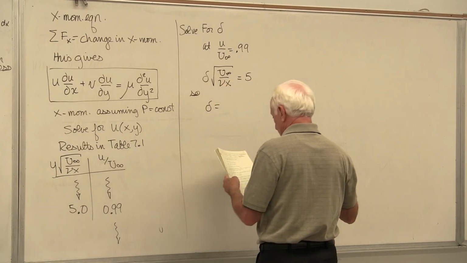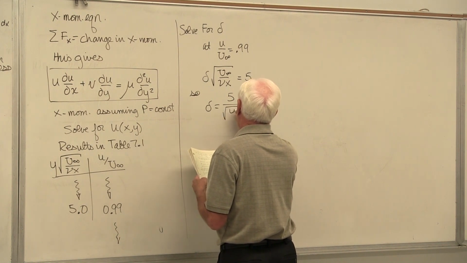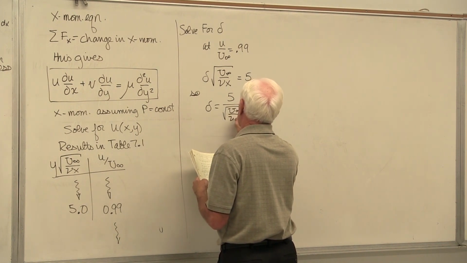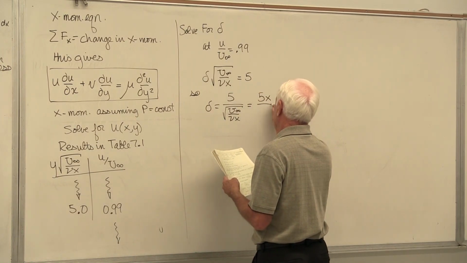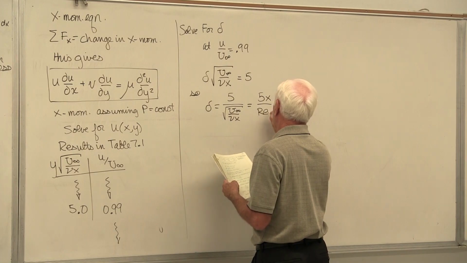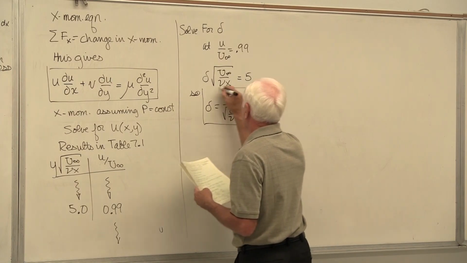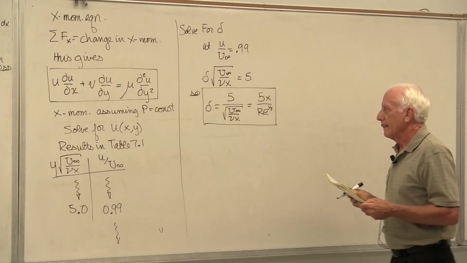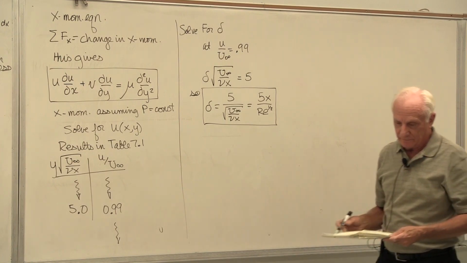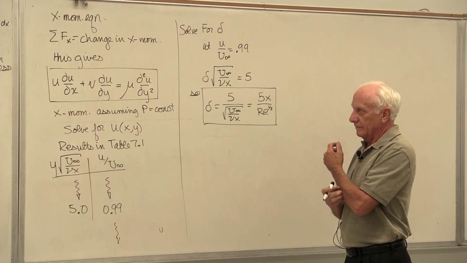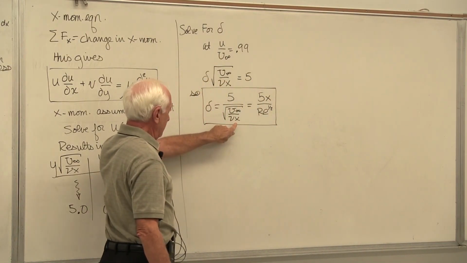So delta is equal to 5 over the square root u infinity nu x, which turns out to be 5x over the square root of the Reynolds number. So here's the equation right here.